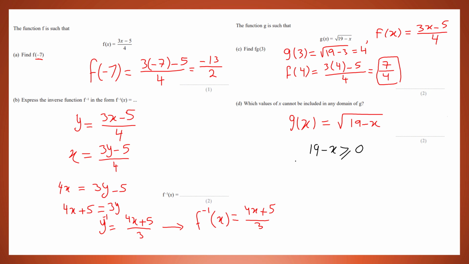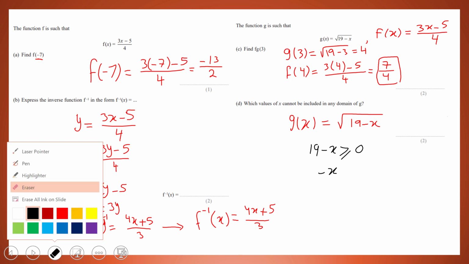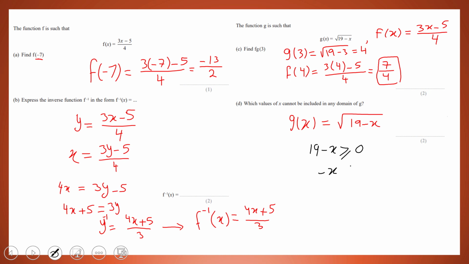So negative x is greater than or equal to negative 19, so just multiply by negative 1. As we know, the inequality will be reversed. So x will be less than or equal to 19.